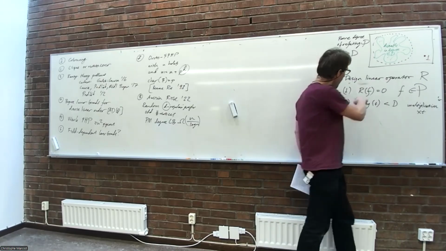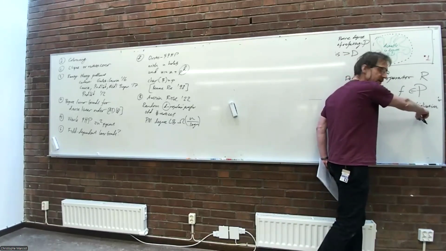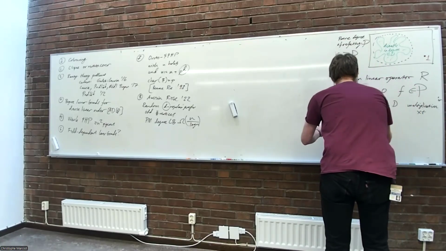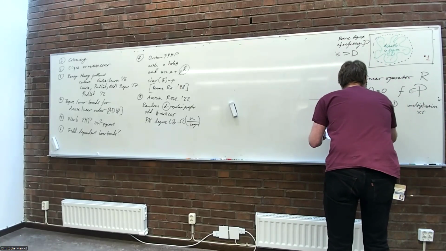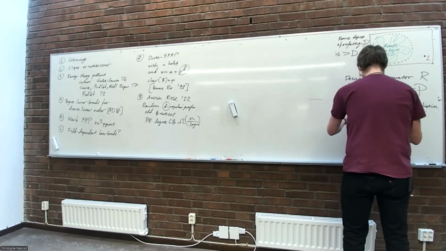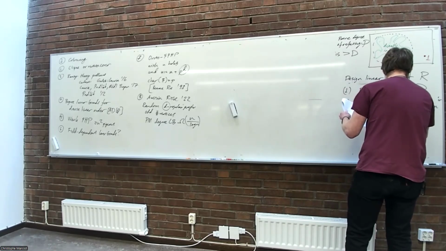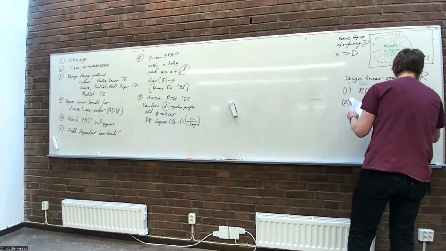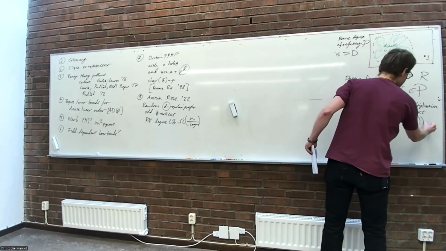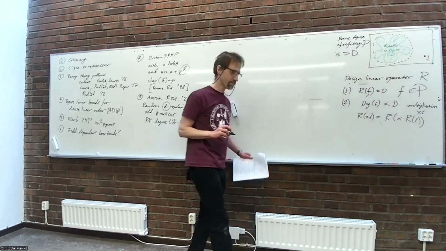Basically, the idea is I have a handle on R of T, but what about R of XT? Then we're going to prove that R of XT is the same as multiplying, first reduce T, then multiply by X, and then apply the R operator again.